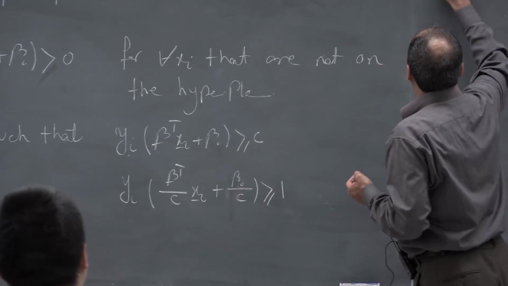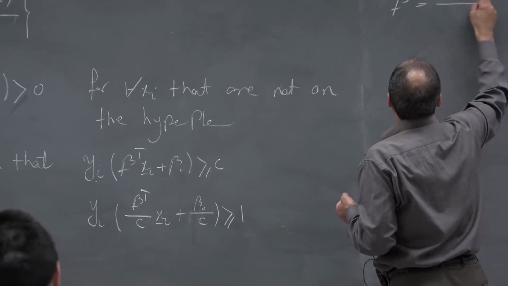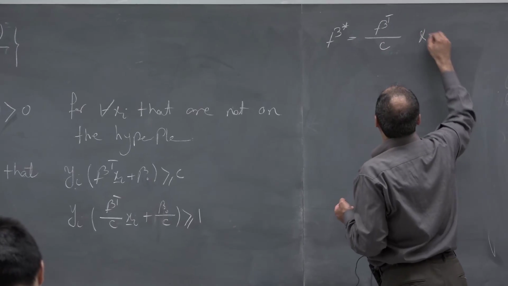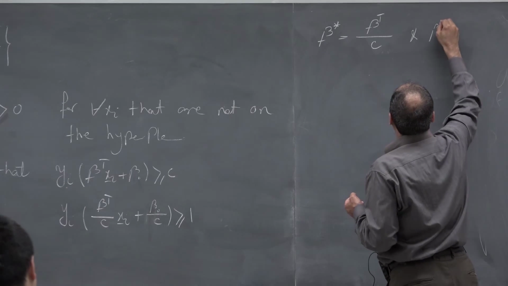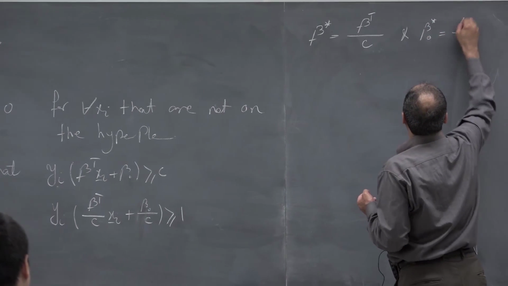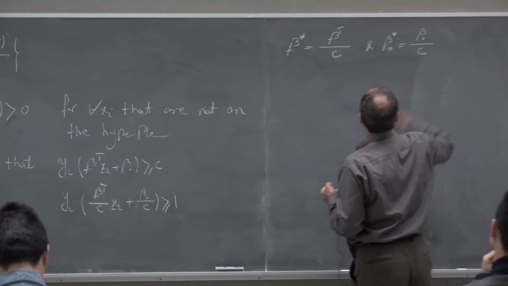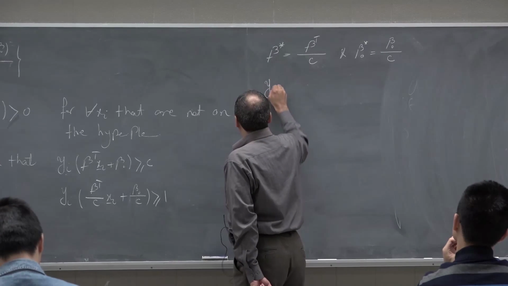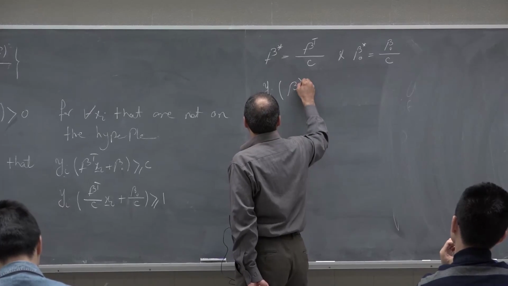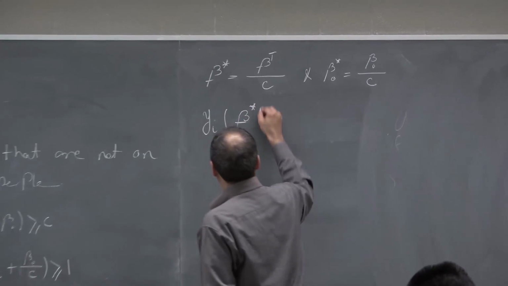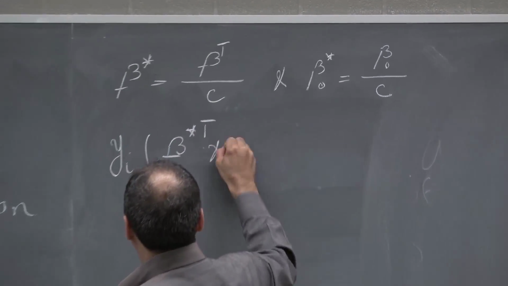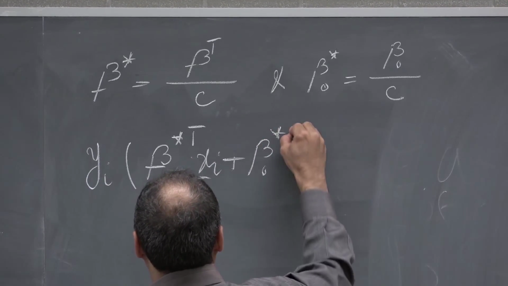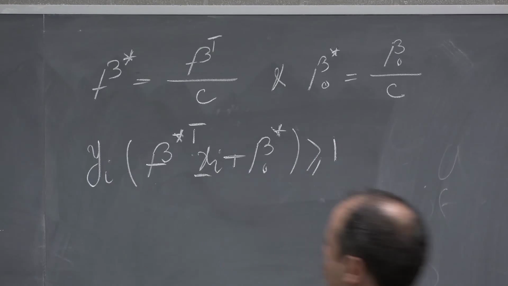So say this is in U. So if I write it this way, then I can say that yi times beta star transpose xi plus beta null star is greater than or equal to 1.